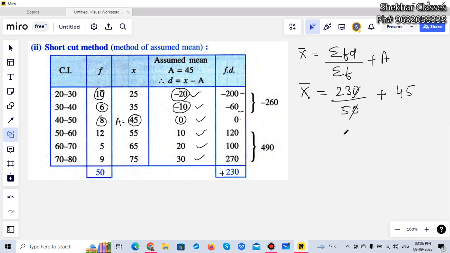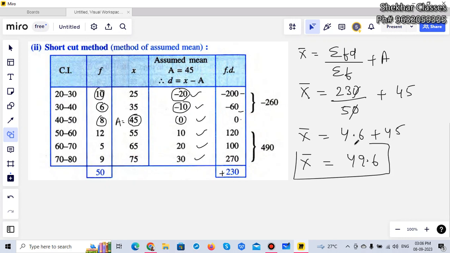This will get cancelled. So if you solve it, 23 upon 5 is how much? 23 divided by 5 will give you 4.6. So 4.6 plus 45, you add 45 to it, it will become 49.6. So you see we got the same answer, 49.6. So any method you use, you will get the same answer.